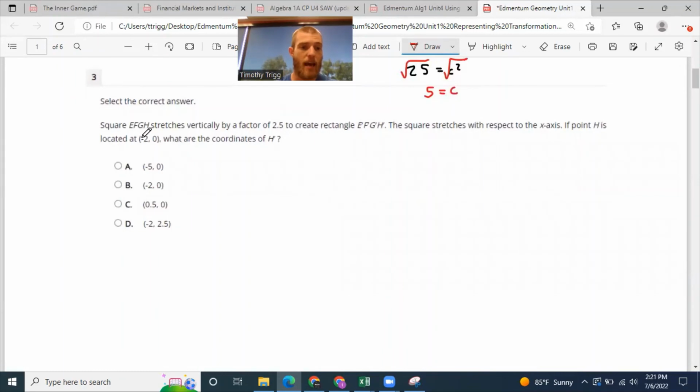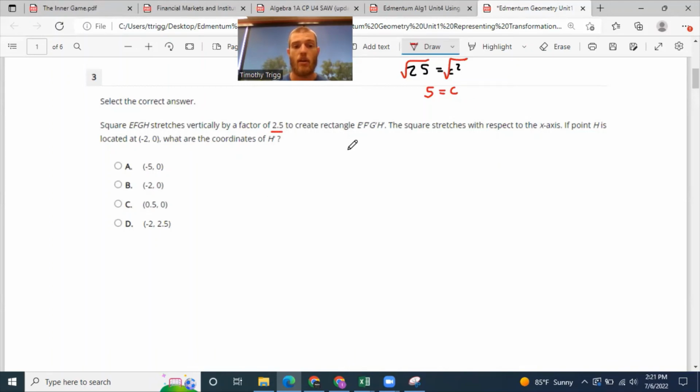Square EFGH stretches vertically by a factor of 2.5 to create E prime, F prime, G prime, H prime. The square stretches with respect to the x-axis. If point H is located at -2, 0, what are the coordinates of H prime? So here it's saying it's stretched vertically. That means you multiply only the y coordinate by your scale factor.